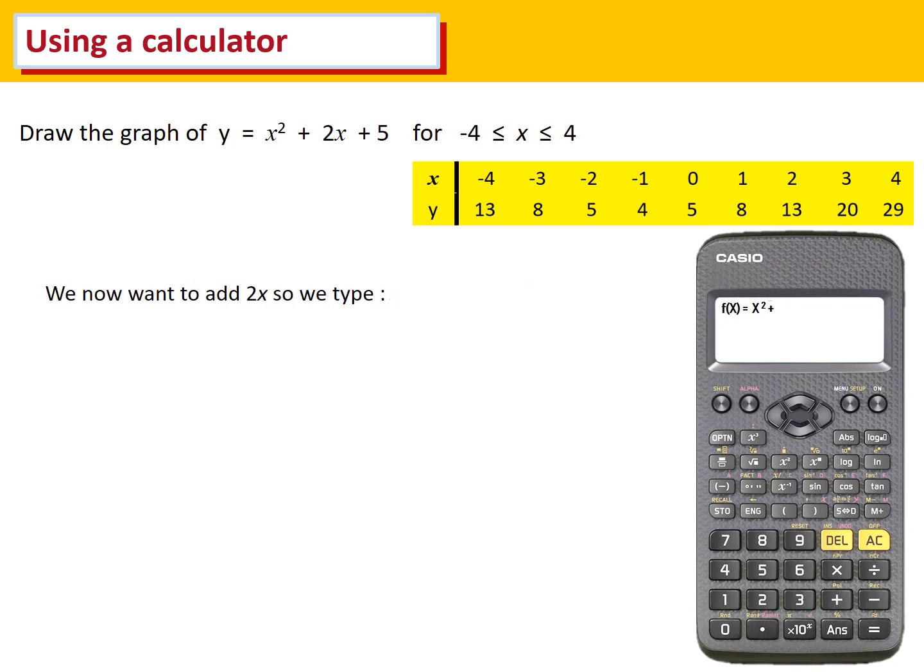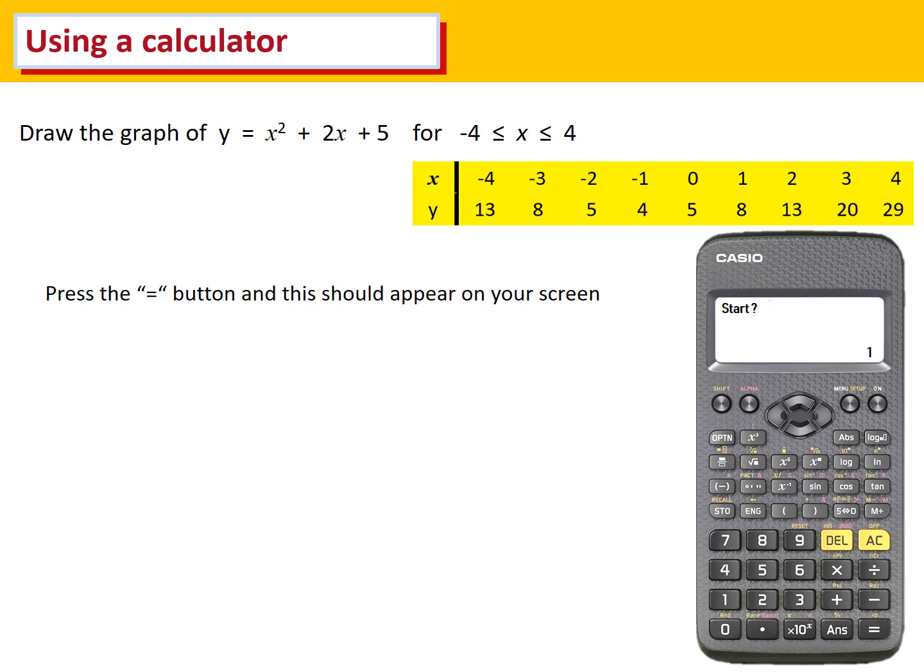Now we want to add 2x, so we type in plus 2, and then to input x, we press the alpha button and the right hand bracket button. So our screen will read f of x equals x squared plus 2x. We now wish to add 5, so we simply type in plus 5 as normal.